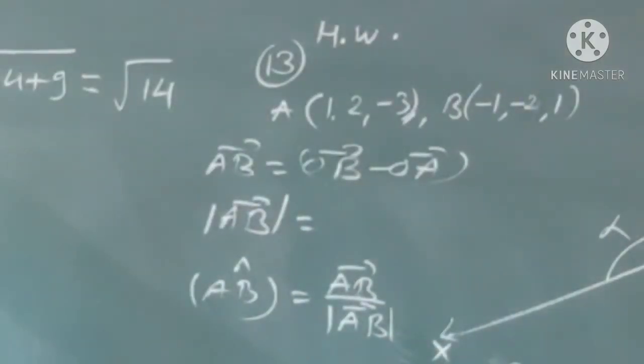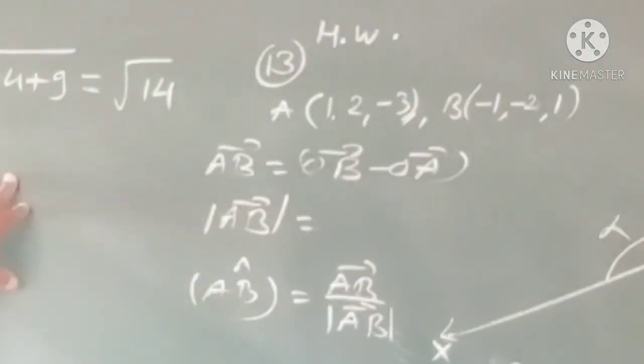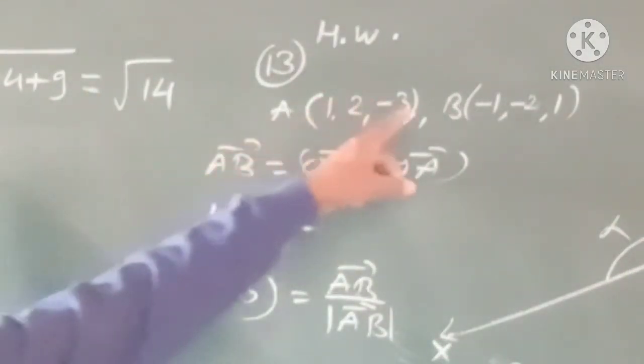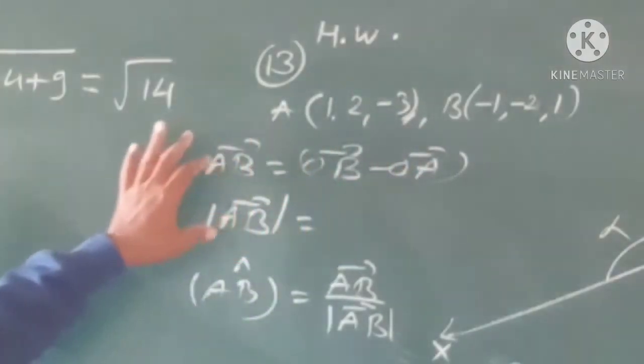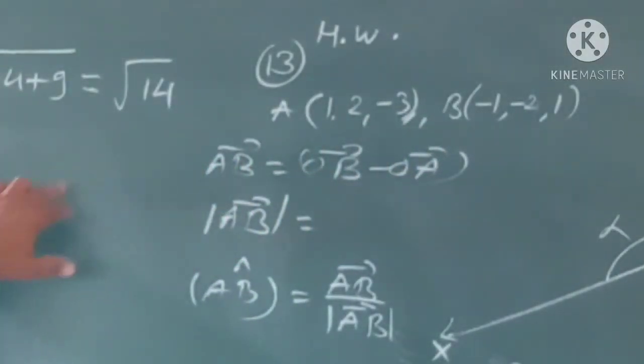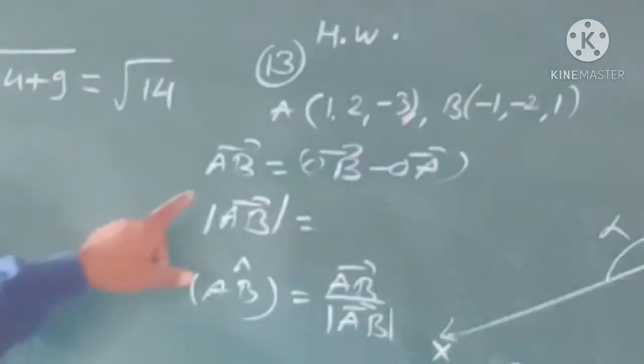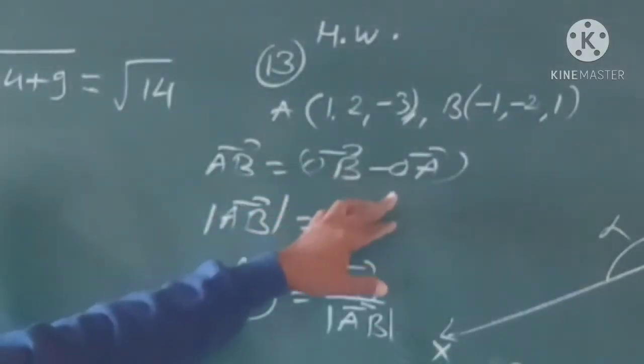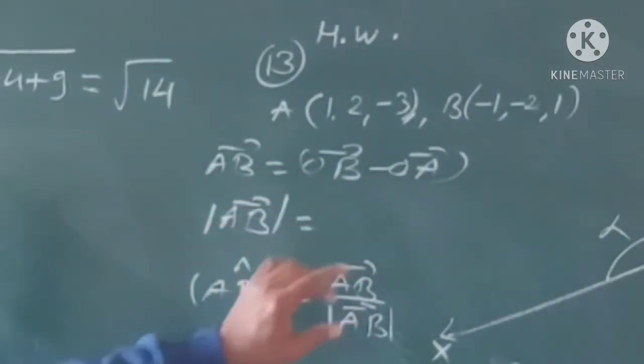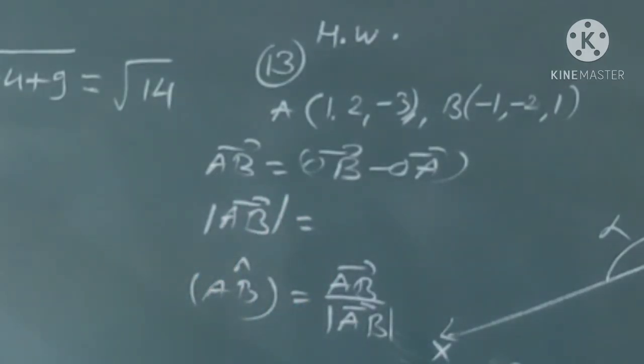Okay, next, question number 13, which is the same as question number 12. In question number 13, we are given two points, point A and point B, and we have to find the direction cosines of vector AB. So first find vector AB, that is OB minus OA. After that find its mod value, and likewise find the unit vector, meaning vector AB divided by mod of AB.